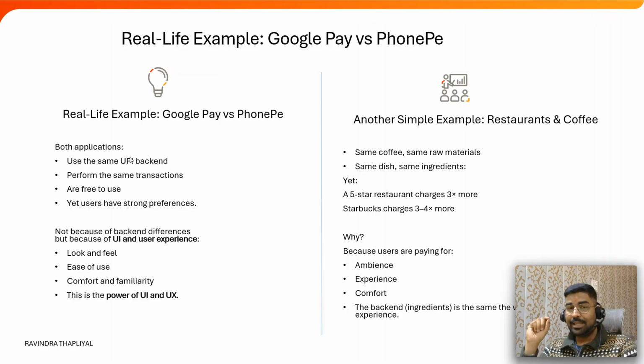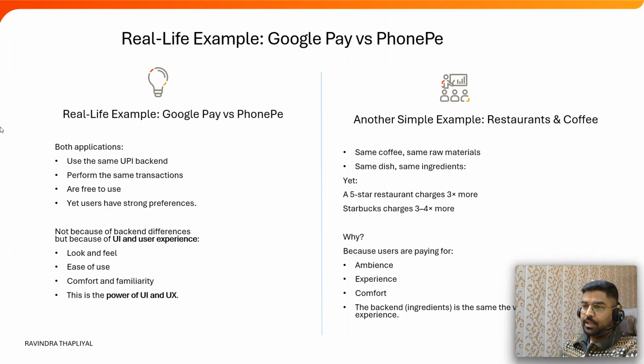So try to understand the importance of UI, even though the functionality is the same for both of them and both are doing the same work at the backend level. But after that also, users are selecting, some Google Pay, some Phone Pay, because of the UI, the smoothness of that application.